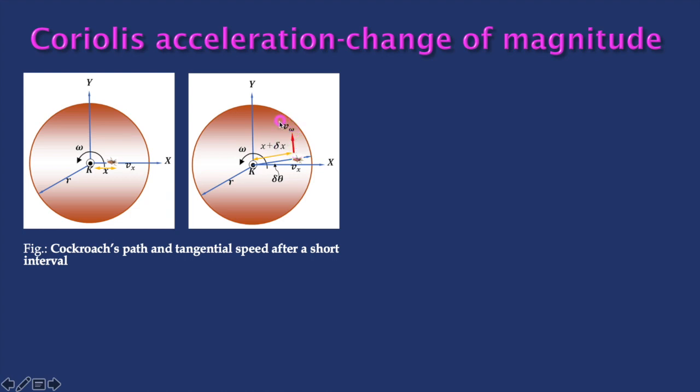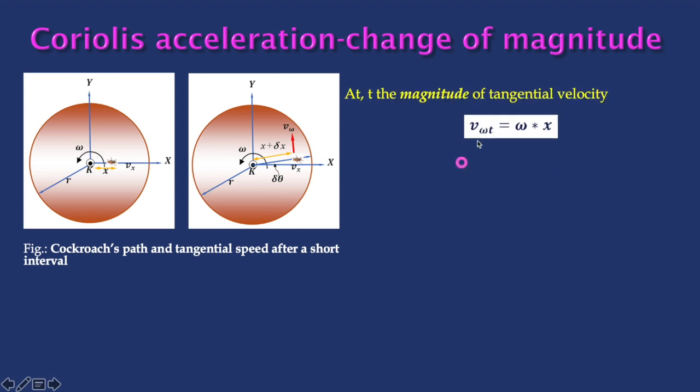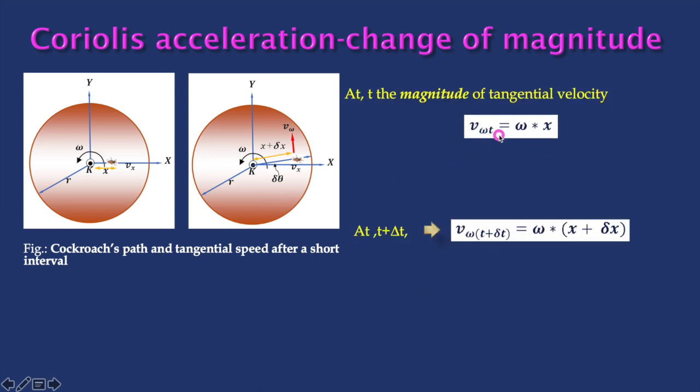Now there is an omega component of velocity. Why this component of velocity? Because the disk is rotating. There is a tangential component. Now this V omega t equals what?